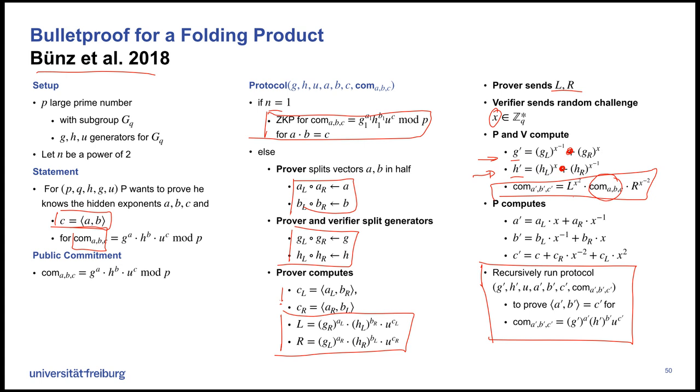This must be a multiplication. Okay, so that's the generators. And then we do some magic with the new coefficients where we have the left side combined with the right side. And so we go from an n vector to a half vector at this point. And we do the same thing for A, B, and C is just a number. So this is just one number to one number. So this is 1 to 1.